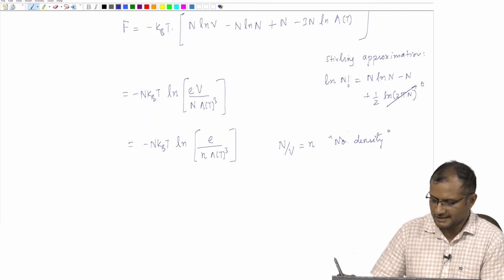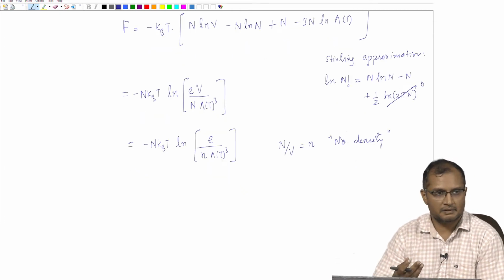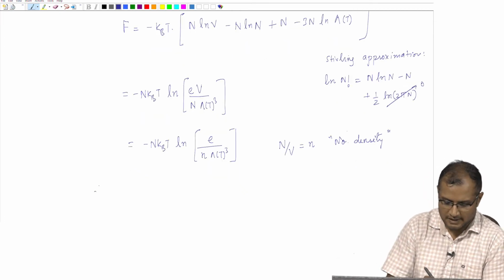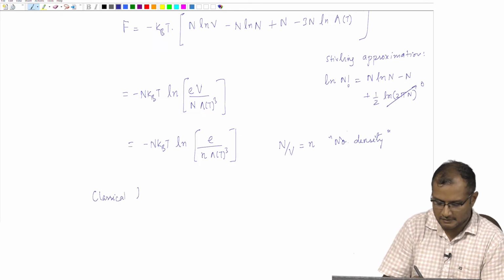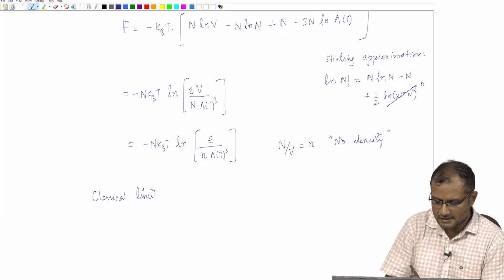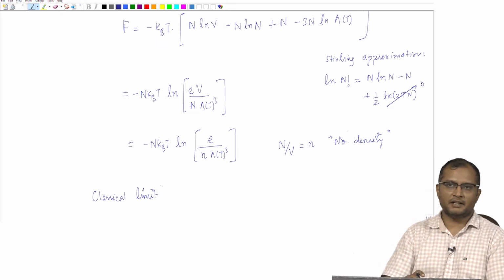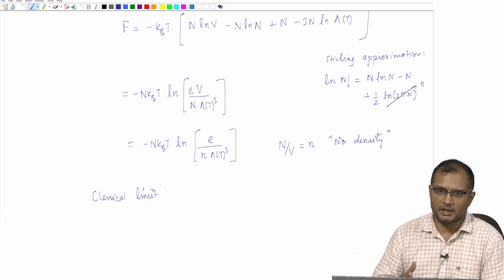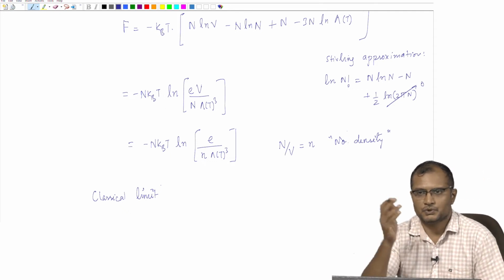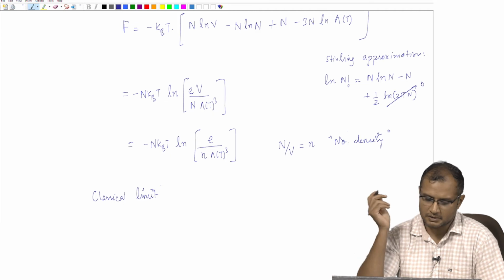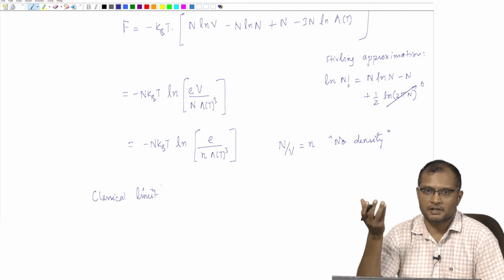And so, in the classical limit, which is basically the limit where we work, the classical gas is in the classical limit. The classical limit is when you have high temperature and low density. So, the de Broglie wavelength, which is proportional to the inverse square root of temperature, is also very small.